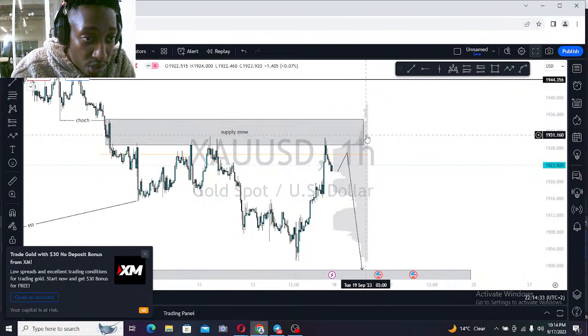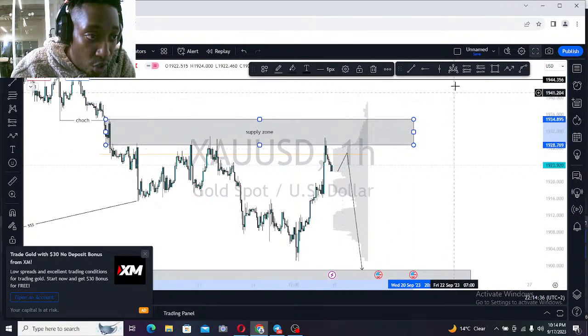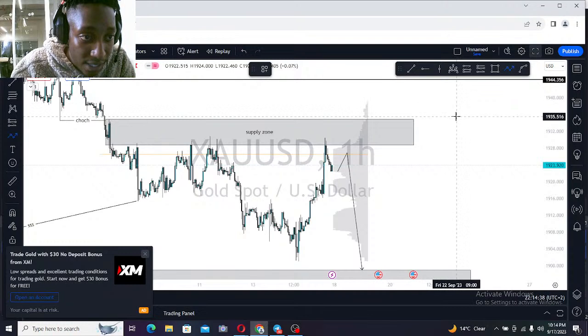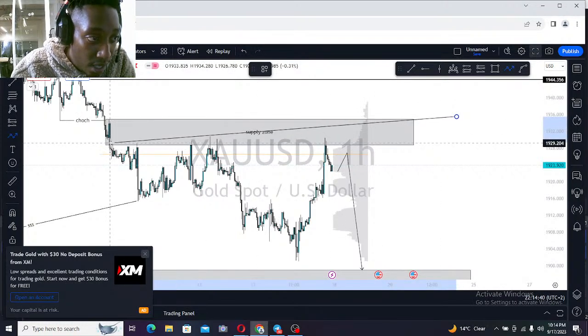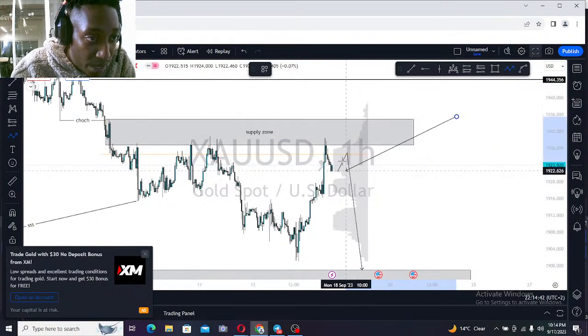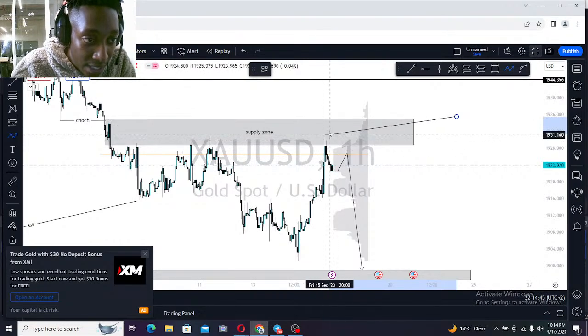Why? Because it's already showing you that it's respecting this demand zone here. You see how many touches, it didn't break above. It mitigates and then it breaks down.